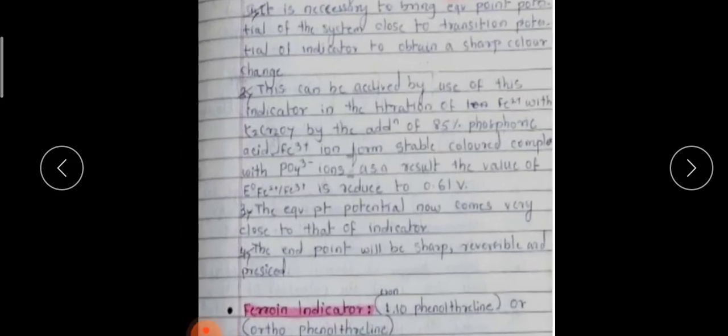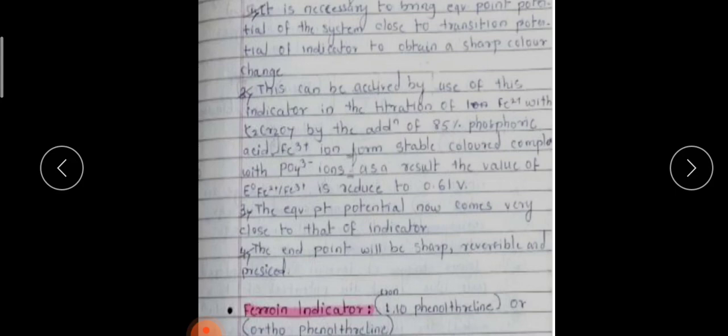The function of the H3PO4 is necessary to bring the equivalence point potential of the system close to the transition potential of the indicator, to obtain a sharp color change. This can be achieved in the titration of Fe2+ with K2Cr2O7 by the addition of 85% phosphoric acid.